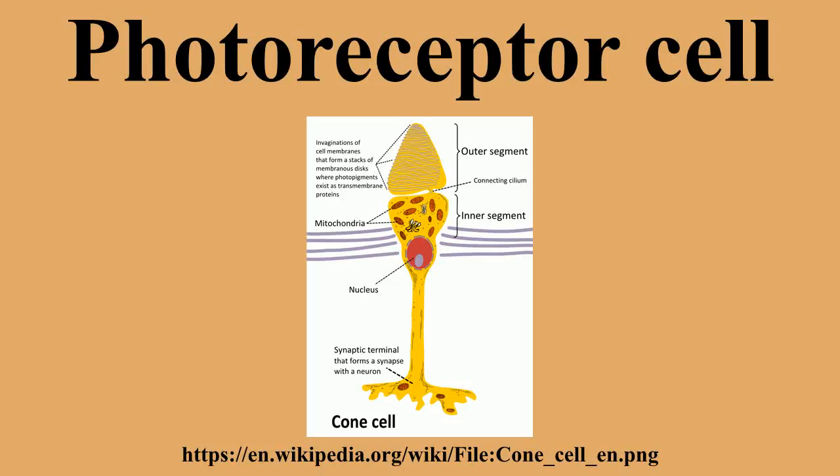This is the main feature that differentiates rod photoreceptors from cone photoreceptors. Rods are extremely sensitive and have the capacity of registering a single photon of light, unlike cones. On the other hand, cones are known to have very fast kinetics in terms of rate of amplification of phototransduction, unlike rods.